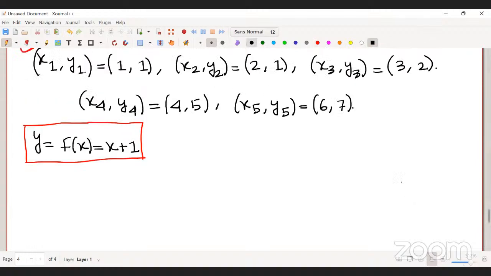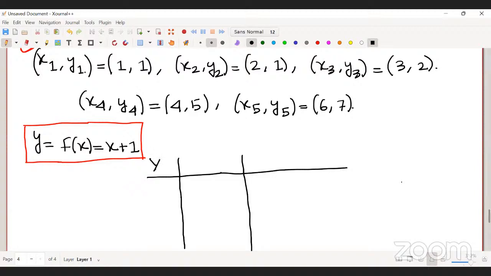So this is my yi, and with respect to this yi I have xi, and with respect to that xi I have to find f of xi.